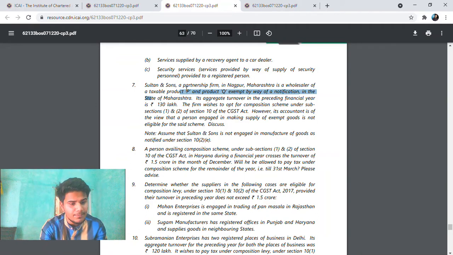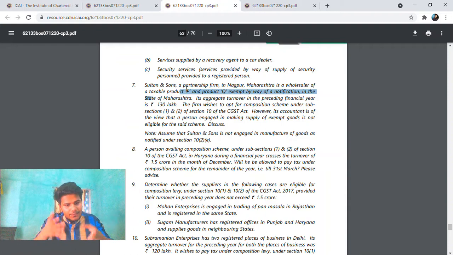We are liable to take registration if our aggregate turnover during the financial year exceeds 20 lakh rupees. But in the composition chapter we are eligible to opt for the composite scheme if our aggregate turnover during the preceding financial year is not exceeding 150 lakh rupees.